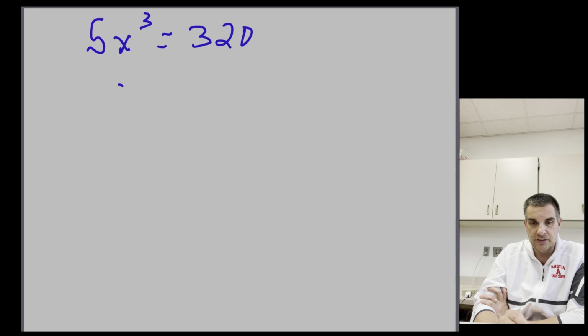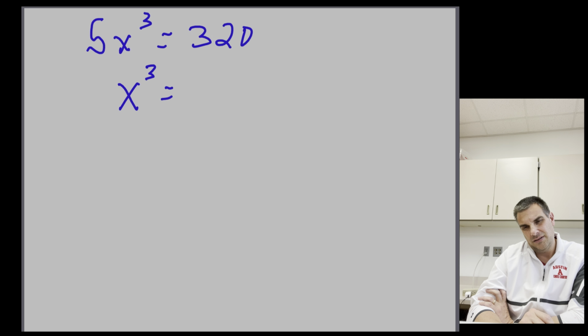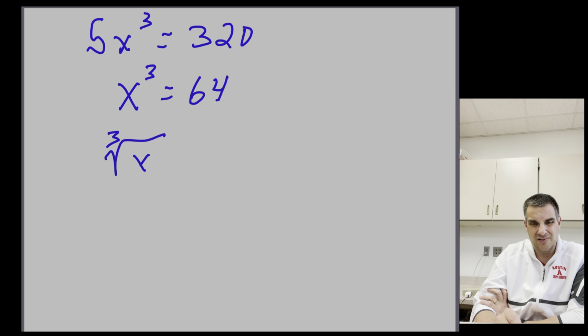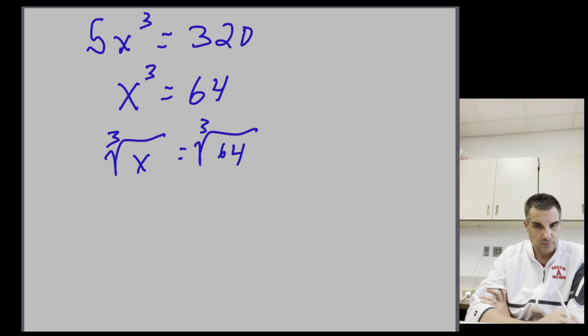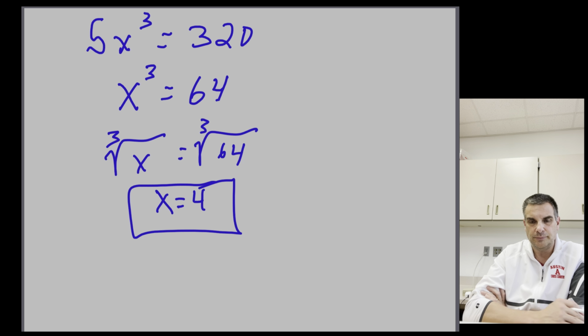Divide by 5 first. 64. Cubed root of 64 is 4. There's your solution. And you're done.